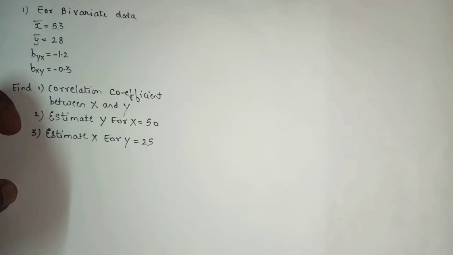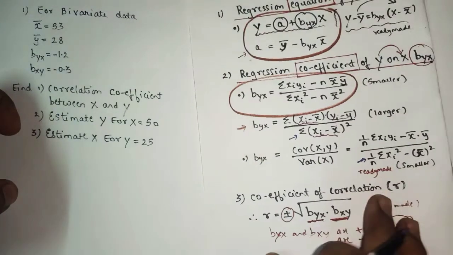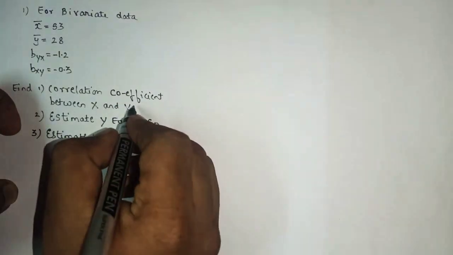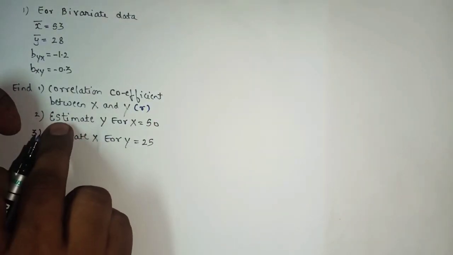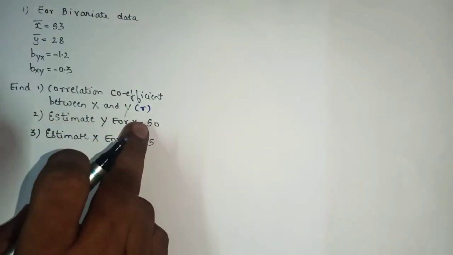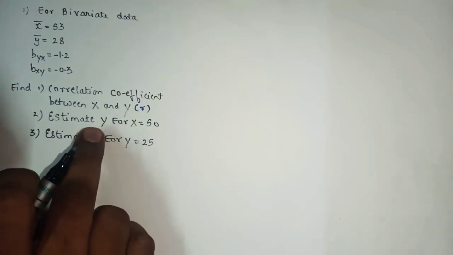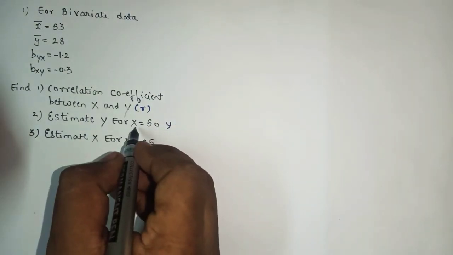As we know, the correlation coefficient is the small r. That means we have to find small r and then estimate y for x equals 50. Estimate means find. What we have to find? Y when we have x.